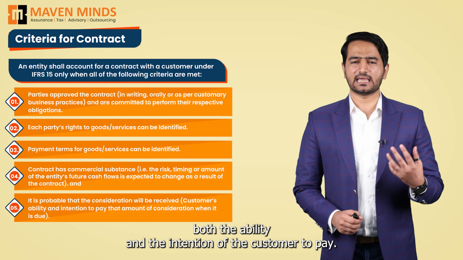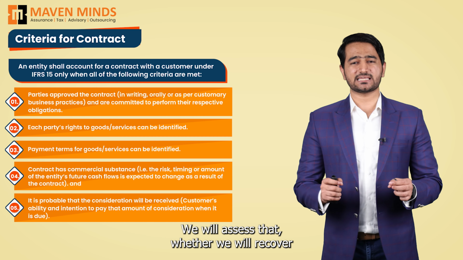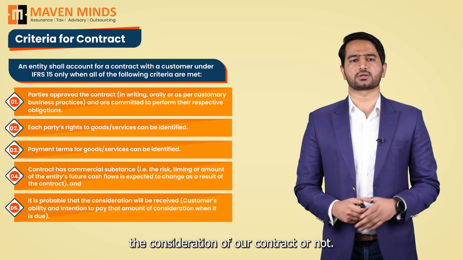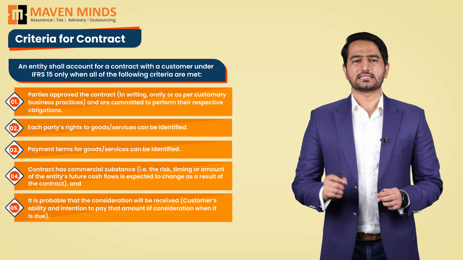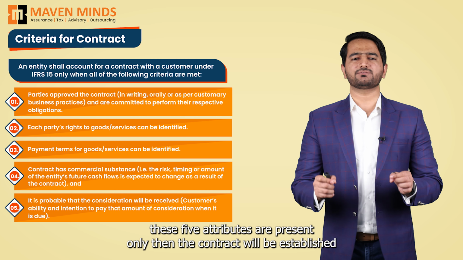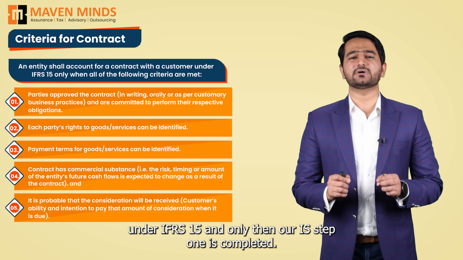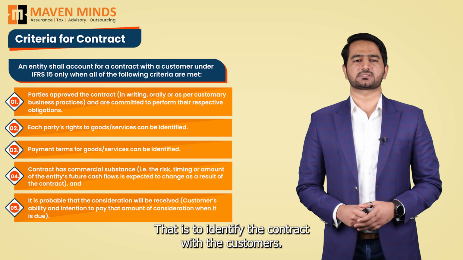Based on both the ability and the intention of the customer to pay, we will assess whether we will recover the consideration of our contract or not. According to IFRS 15, if these 5 attributes are present in an agreement, only then will the contract be established under IFRS 15, and only then is our step 1 completed, that is, to identify the contract with the customer.